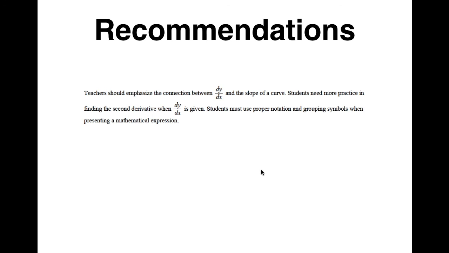Recommendations: teachers should emphasize the connection between dy dx and the slope of a curve, so the derivative tells you what the slope of a curve is at a point. Students need more practice in finding the second derivative when the first derivative is given. Students must use proper notation and grouping symbols when presenting a mathematical expression.